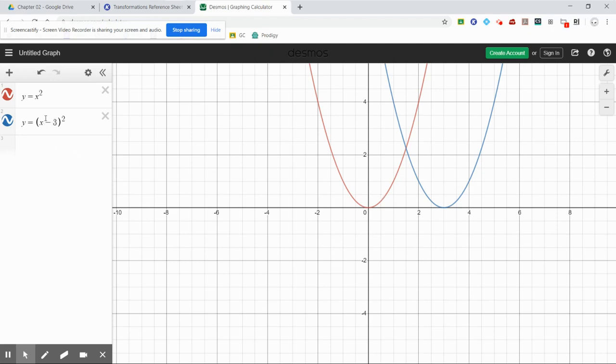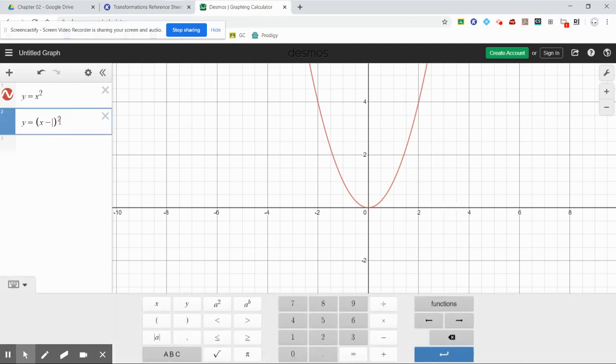So anytime that this transformation is applied directly to the x, it will happen backwards from what you would think. So if we subtract 4, it's going to move it right 4. So therefore, whenever we add values, add 1, add 2, or add 3, notice it moves it to the left. So again, this happens backwards from what we would think.